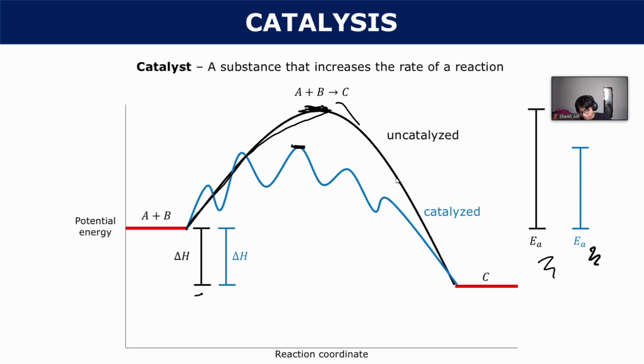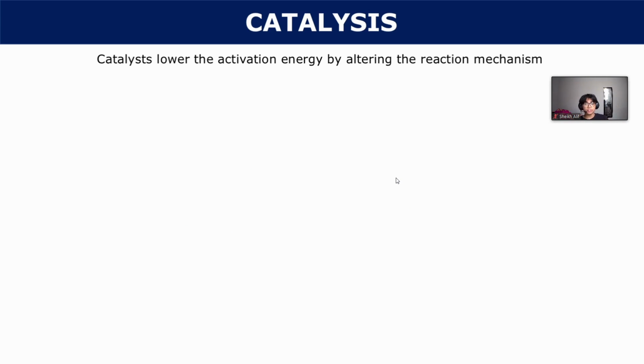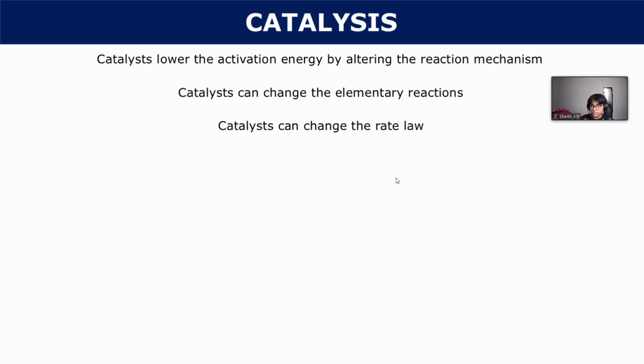You can see that the change in enthalpy is the same in the uncatalyzed reaction and the catalyzed reaction. Really, catalysts lower the activation energy by altering the reaction mechanism. This is important because it means catalysts can change the elementary reactions, and as such, catalysts can change the rate law.